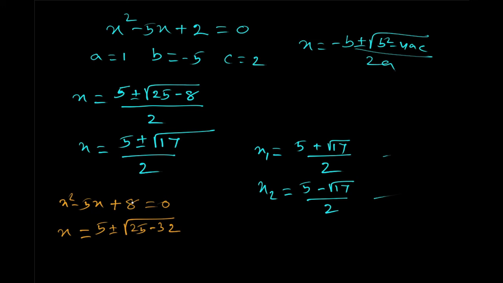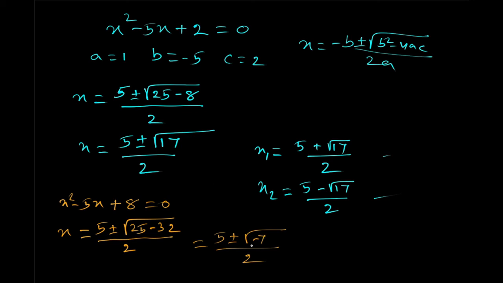A is 1 and c is 8, so it will be minus 32, divided by 2a, sorry, divided by 2, since a is 1. So you get the roots 5 plus minus root over 25 minus 32, which is minus 7, divided by 2.